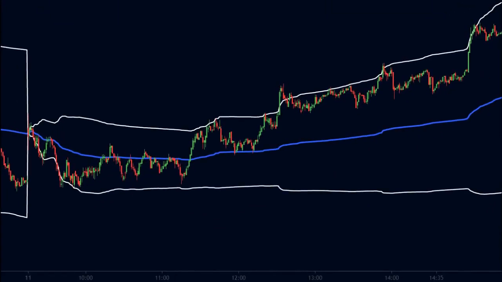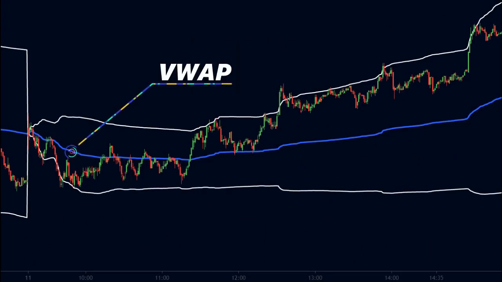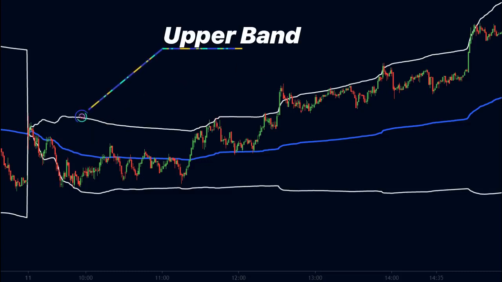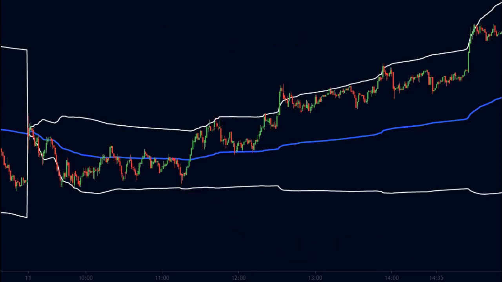Now, most of the trading platforms offer the Vwap indicator in the form of three lines. The central line is the Vwap itself. The upper line is a standard deviation above the Vwap, and the lower line is a standard deviation below the Vwap. To the surprise of many traders, these upper and lower lines are powerful areas of support and resistance.